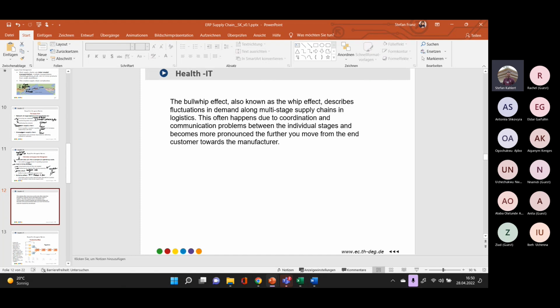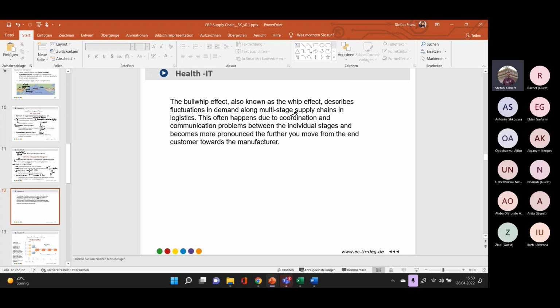These are fluctuations in demand, and you see it here. It's along a multi-stage supply chain. So this means there are certain sub-companies in between who distort the picture, who are not providing accurate information. And this happens if you have a poor enterprise resource planning system with a poor supply chain management system.